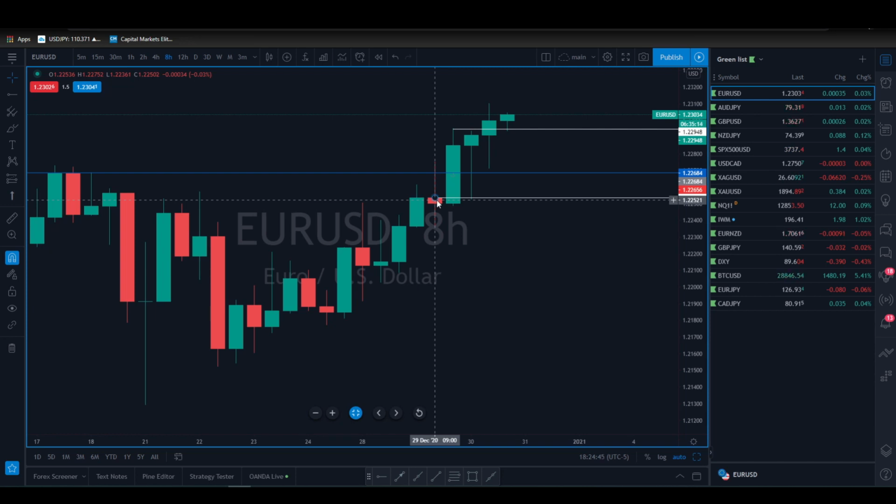If price is above the market structure level that I'm looking at, being the last down close candle or the last up close candle, in this case it's the last down close candle, if price is above it, then you use the high or the open of the bearish candle. If price is below, and this is the last bullish candle, you would use the open of that bullish candle. So basically you're just using the top of the candle if we're determining which direction price is heading.